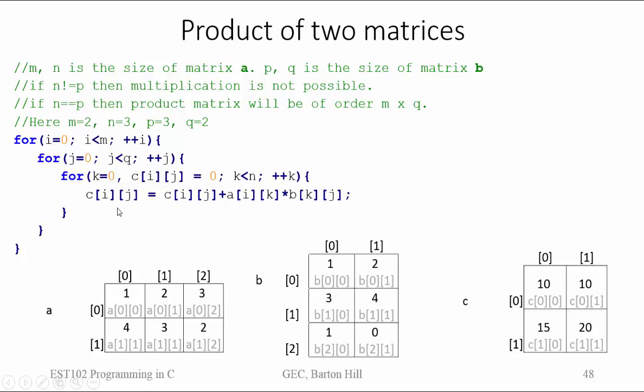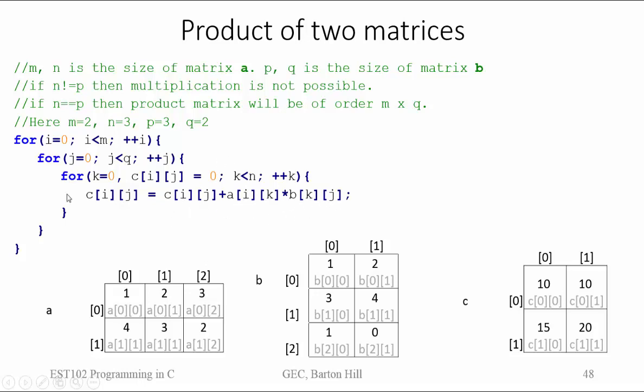So this is the loop for finding a particular element in the product matrix. For k equal to 0, initially C of ij is initialized to 0, then k less than n, then plus plus k, then C of ij is equal to C of ij plus A of ik into B of kj.